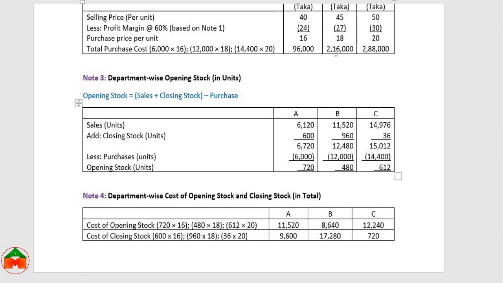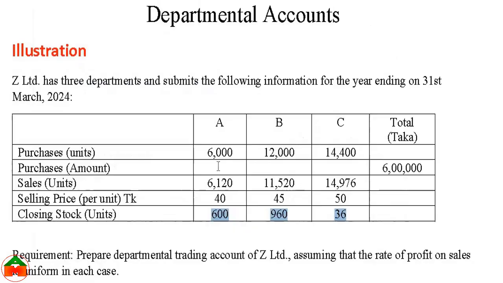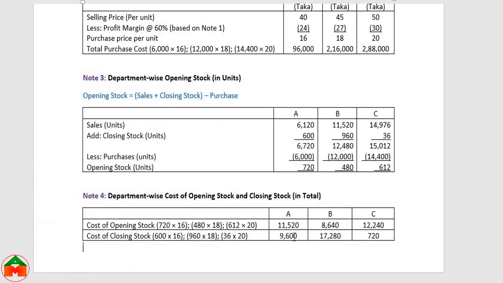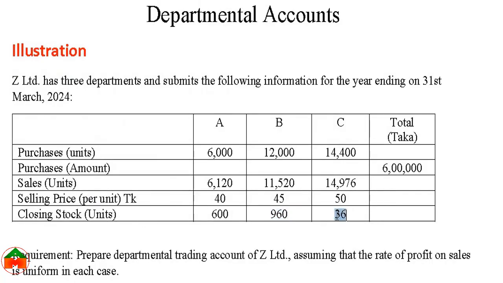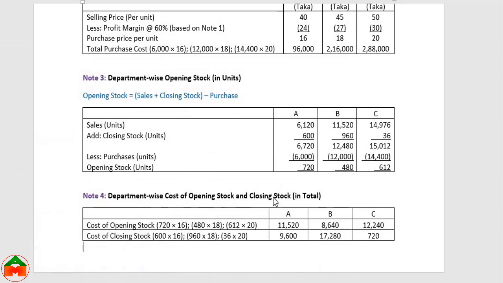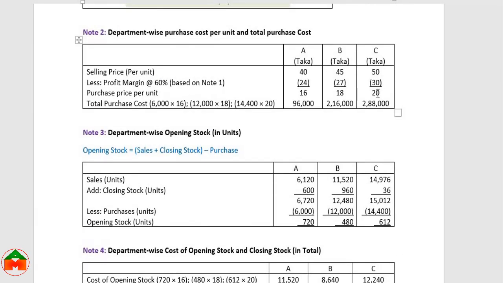And for department B, the cost price is 18 and closing stock is 960. After multiplication, the total amount of closing stock for department B is 17,280. And in the same way, the closing stock for department C is 36 and the cost price is 20.